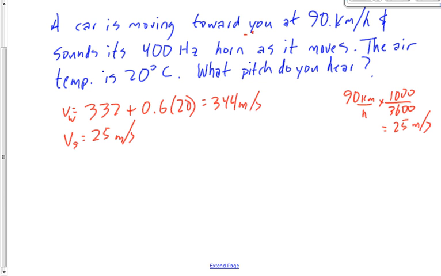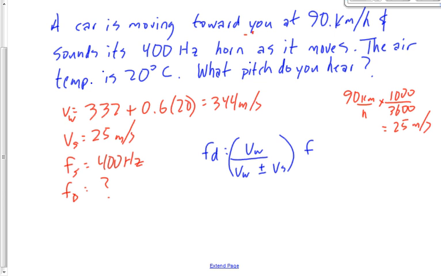The actual frequency is going to be Fs. The frequency of the source is 400 hertz. We're looking for the Doppler frequency, or the apparent frequency, what it seems to be, what it sounds like to us. Our equation, once again: FD is equal to VW over VW plus or minus VS, times FS.